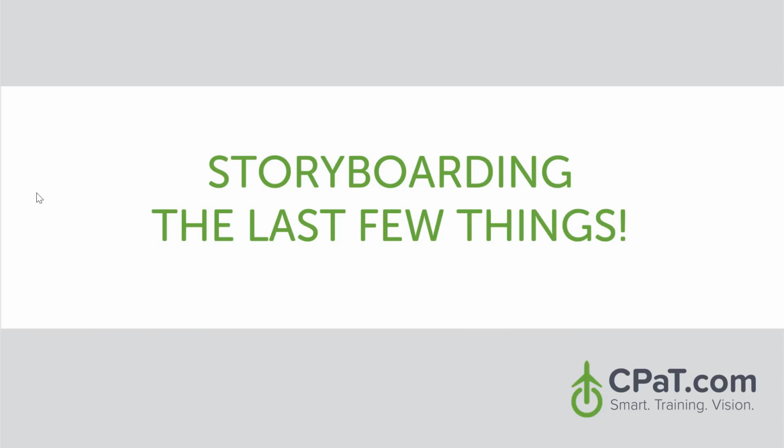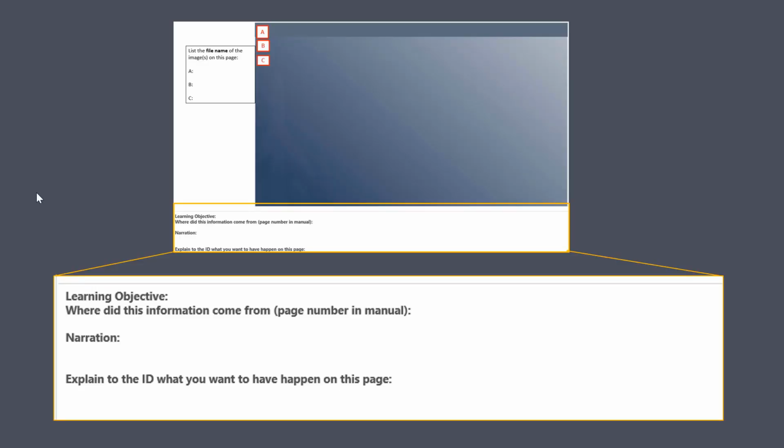So far, we've covered quite a bit of information and we are almost finished, but we need to go over just a couple of last few things that you're going to need to take care of on that storyboard. So underneath the blue slide where you put your reference images is a space for you to add a bunch of information. We've already discussed the narration field.